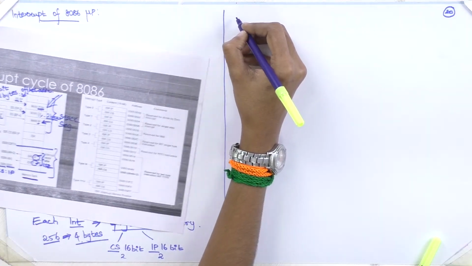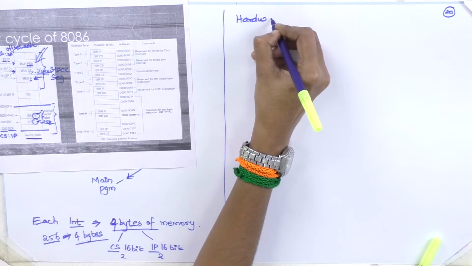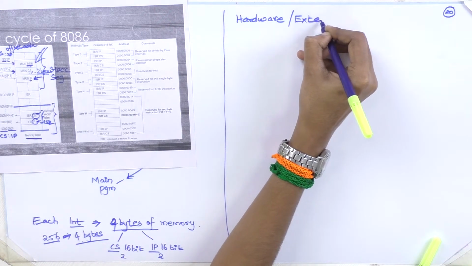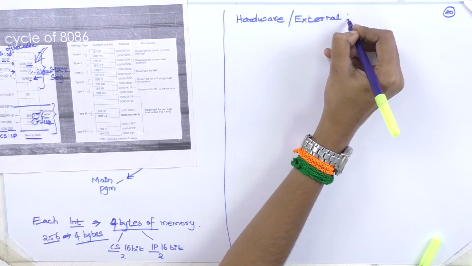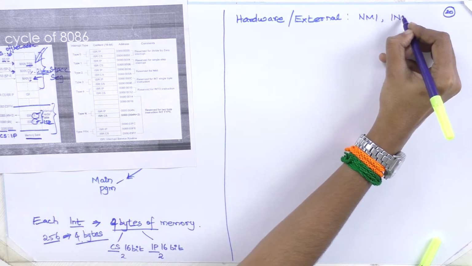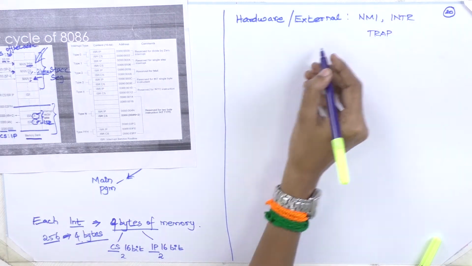As we have seen, the hardware or external interrupts are NMI, interrupt request, then trap, which is a kind of interrupt, I will tell you.